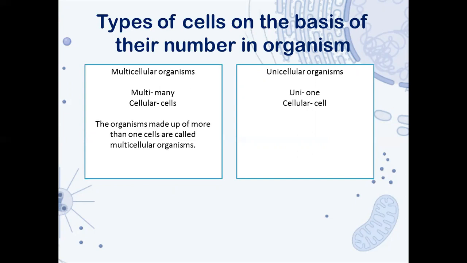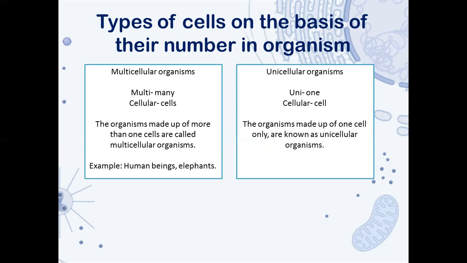The organisms which are made up of more than one cell are called multicellular organisms, and the organisms made up of one cell only are called unicellular organisms. The examples of multicellular organisms are human beings and elephants. The examples of unicellular organisms are amoeba and paramecium.